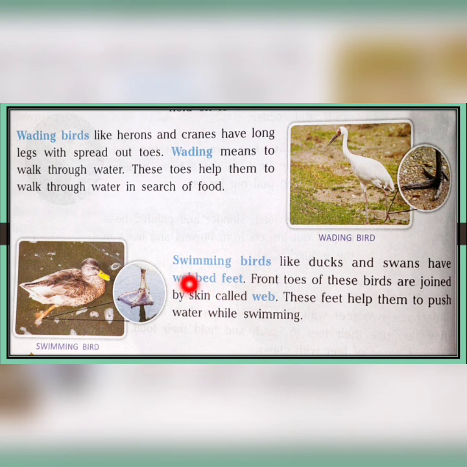Now, next is about swimming birds. Swimming birds have webbed feet, like ducks and swans. And what is the function of webbed feet? While swimming, their feet help them to push water.